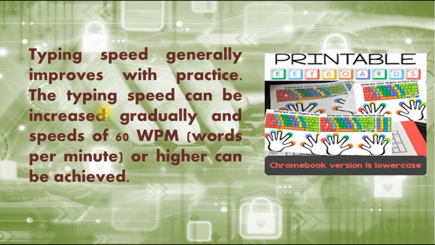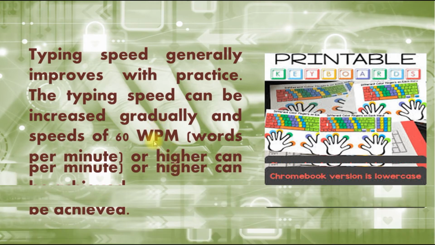Now, typing speed generally improves with practice. Okay, the typing speed can be increased gradually and the speeds of 60 words per minute or higher can be achieved. Okay, if you are having the practice for typing, you can have 60 words per minute.